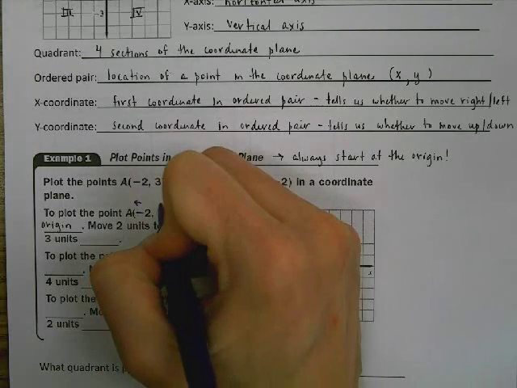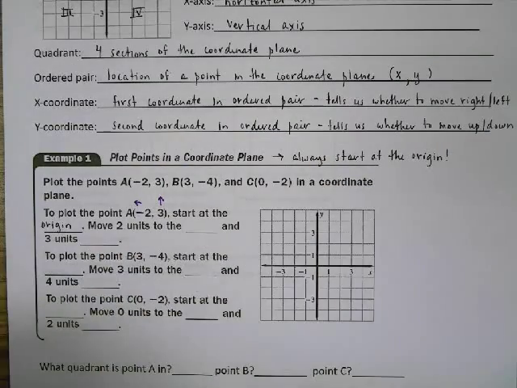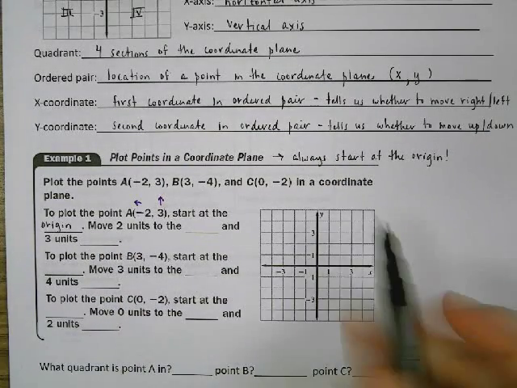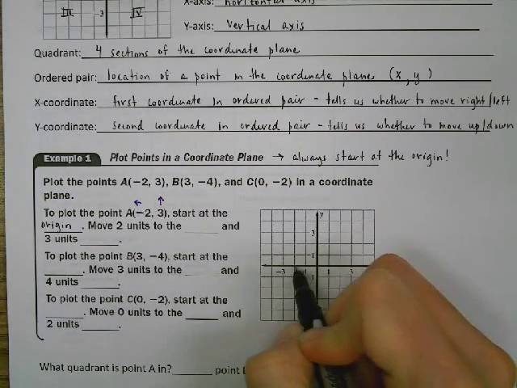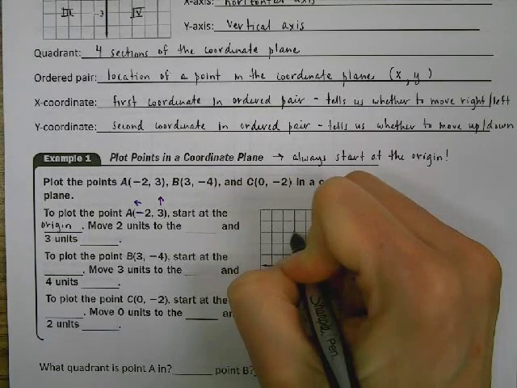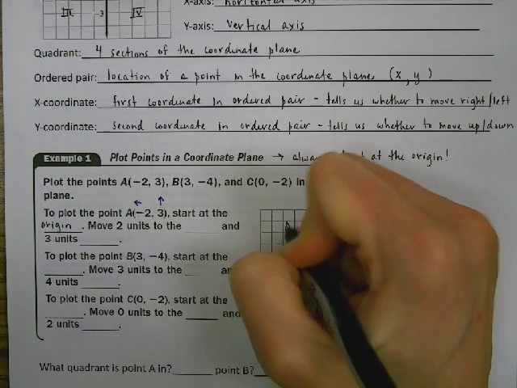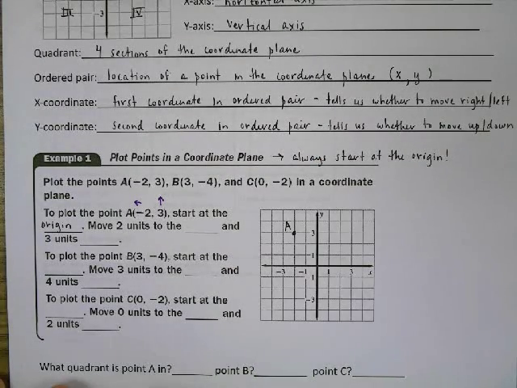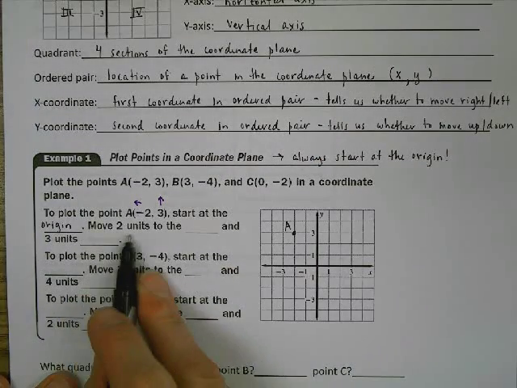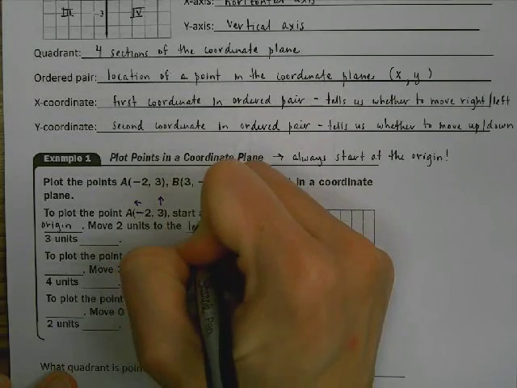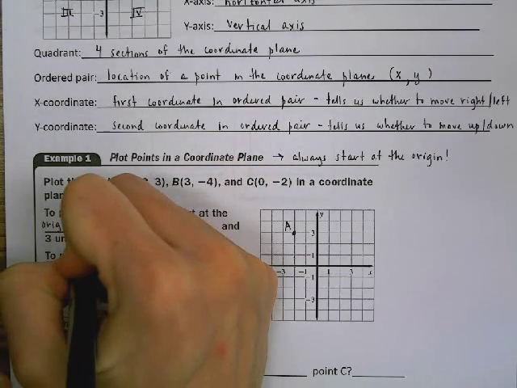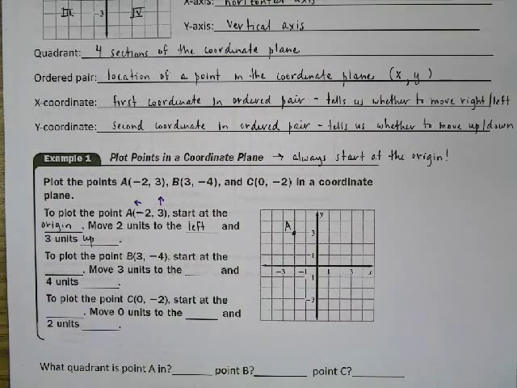Since this is positive, we're going to move up 3. So if I were to plot (-2, 3), I'd move to the left 2 and up 3. I'm going to plot that point, and then label it point A. Again, we move 2 units to the left and 3 units up.